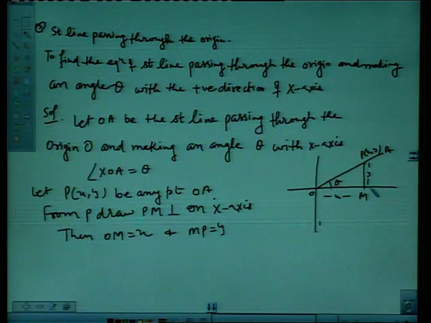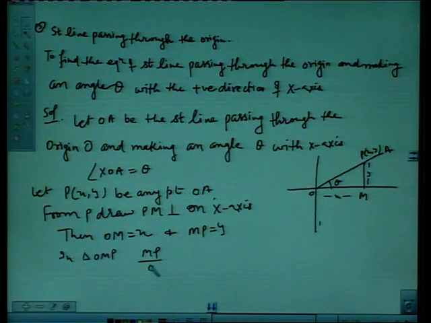Now, in the right angle triangle OMP, we know that MP upon OM is equal to tangent of the angle. MP upon OM is equal to tangent of theta.